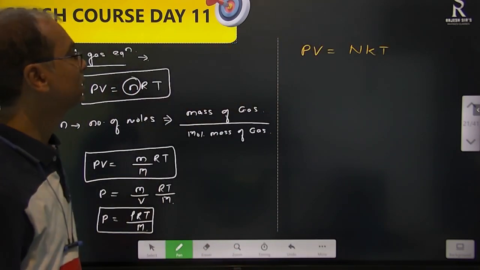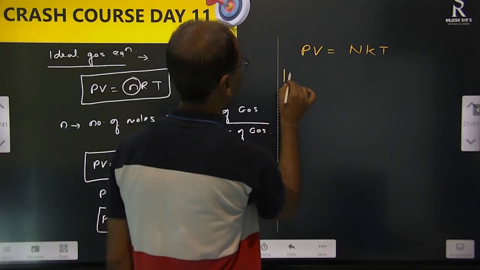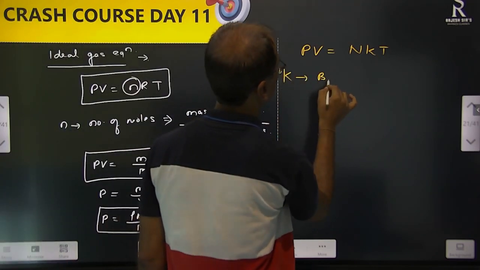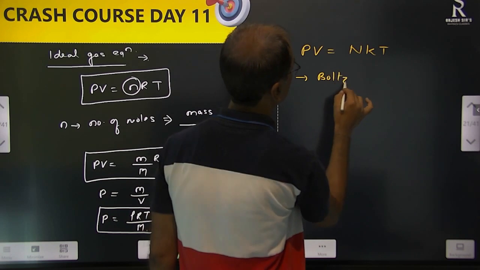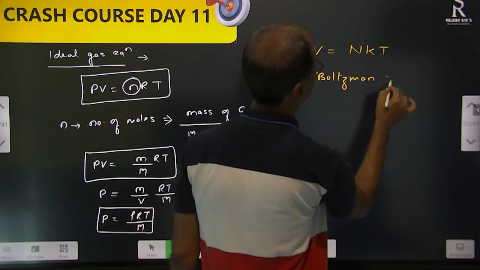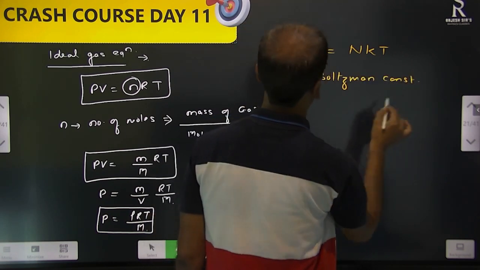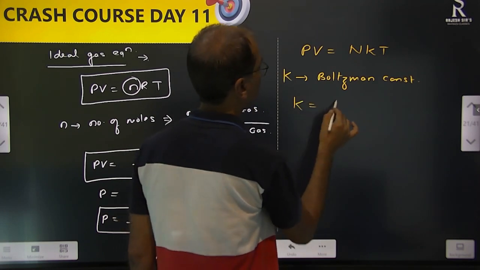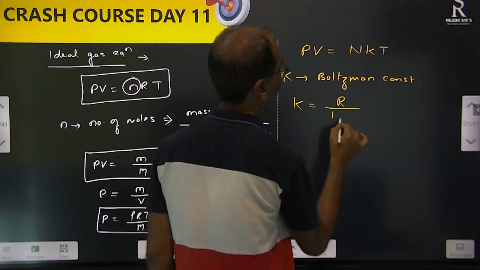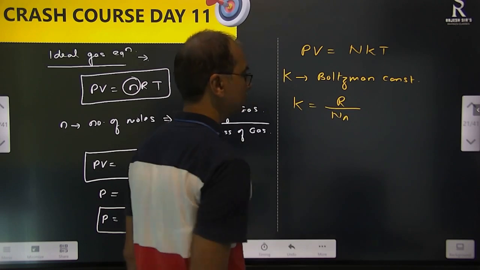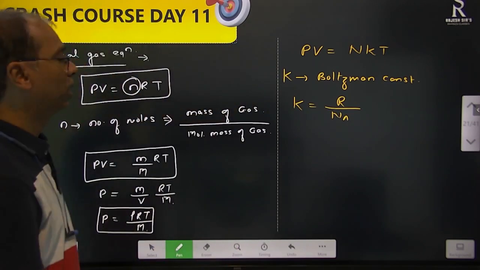Now, what is this k? k is the Boltzmann constant. And k is equal to R by Na.